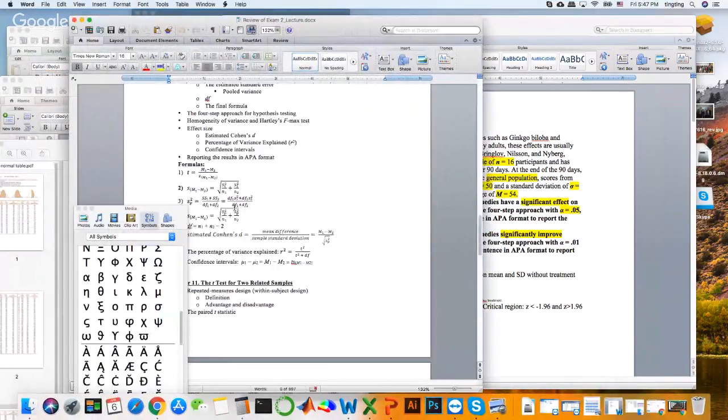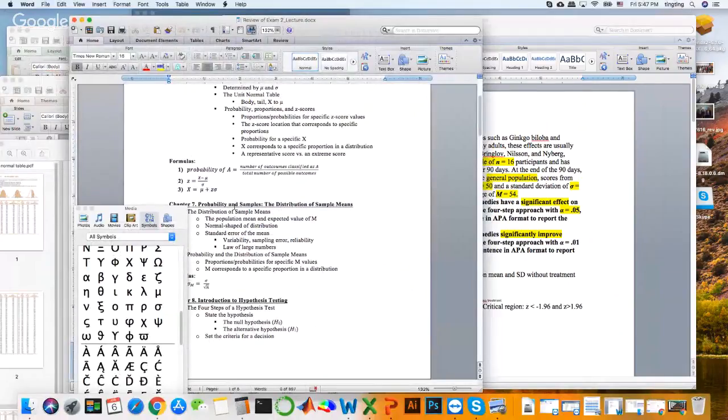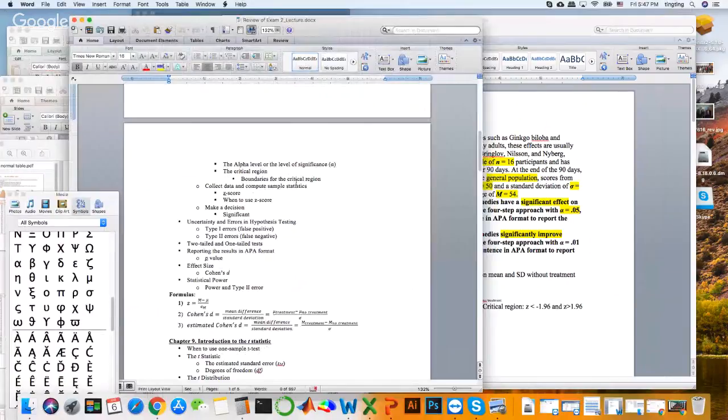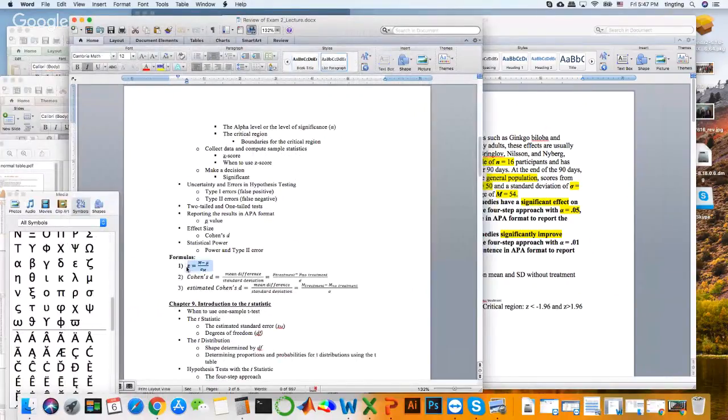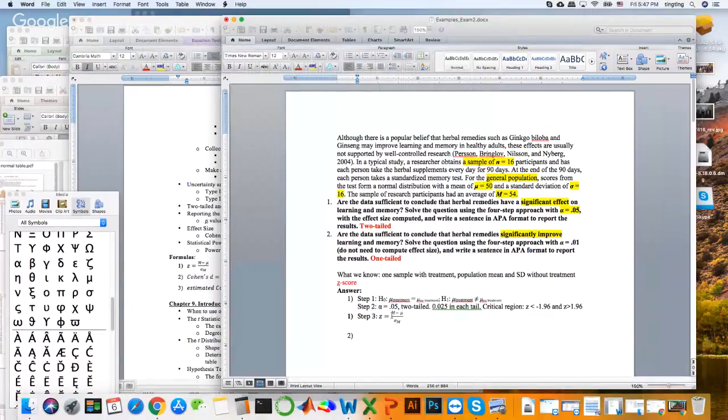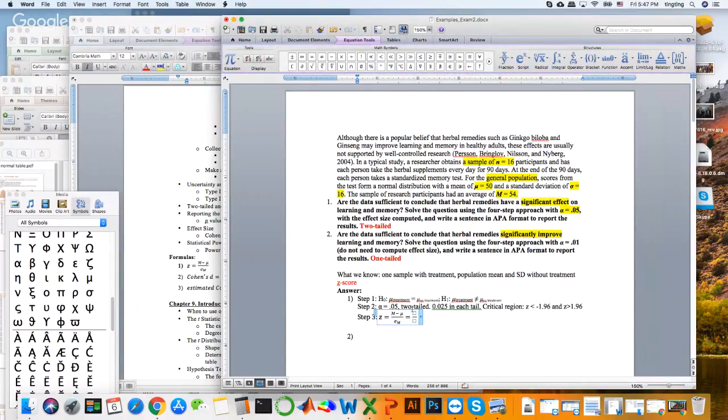Here we have the formula for computing the z-score, from Chapter 8: z equals M minus mu divided by sigma M. Here we know the M, which is 54, and we also know the mu, which is 50. But we don't know the sigma M, so we need to compute the sigma M first.